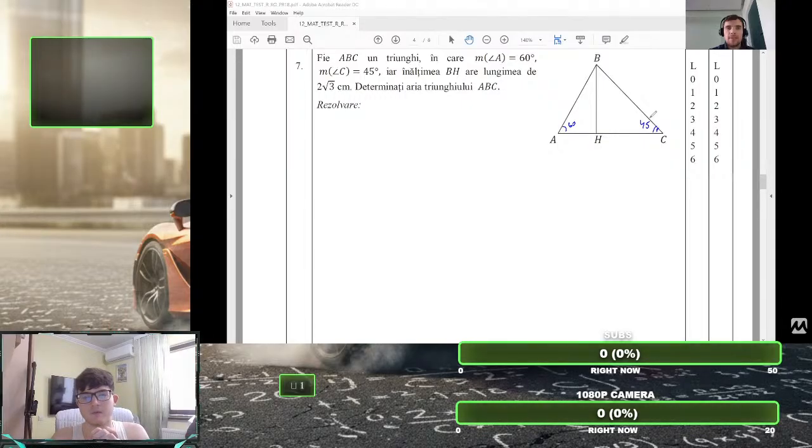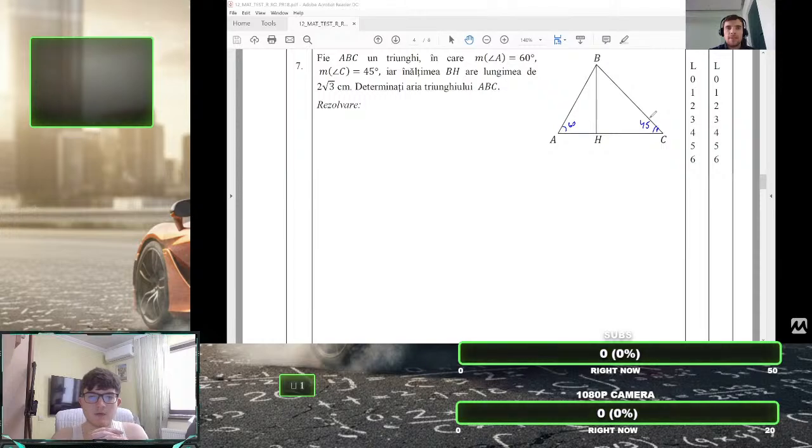Basically, the area of a triangle is, I think, base times height divided by 2. Height is BH. The base is going to be just AB times BC times AC, right? Or no, just AB times BC, stuff like that. So we gotta find out what is AB, what is BC, and what is BH.